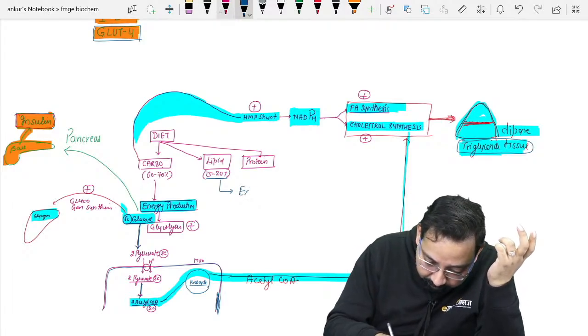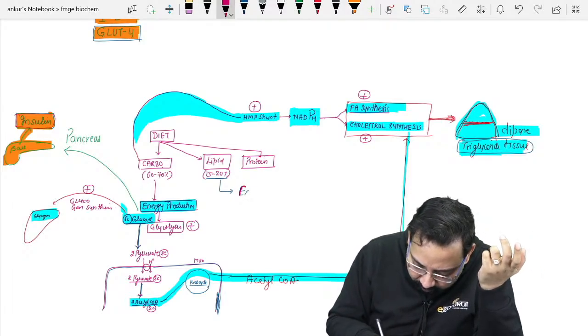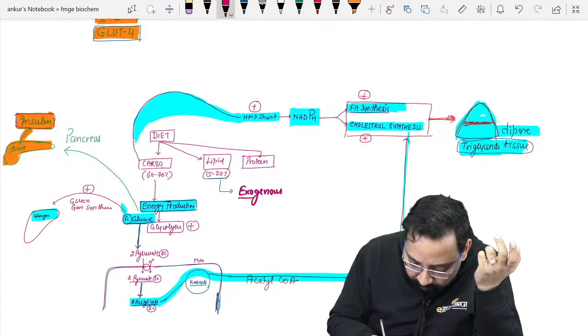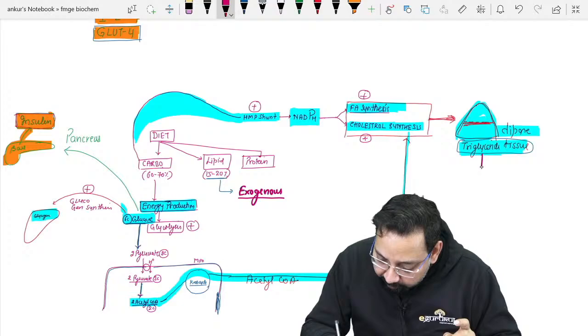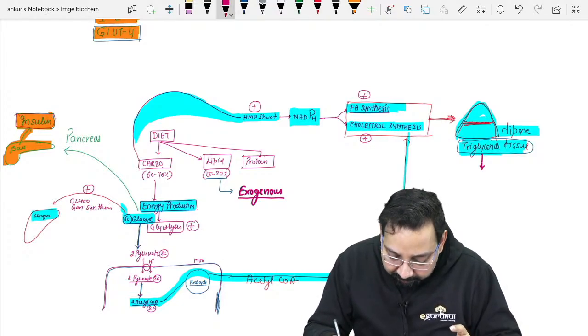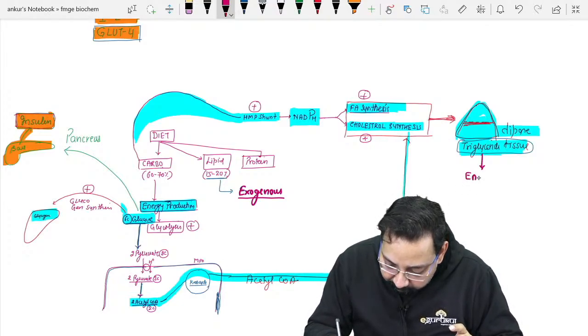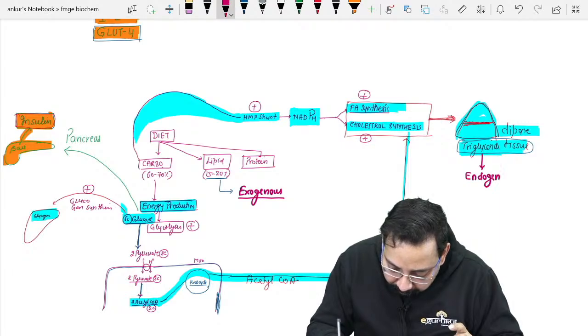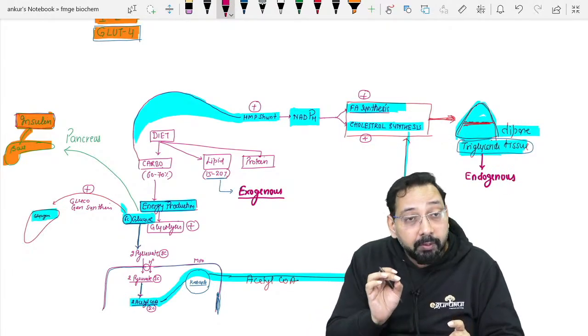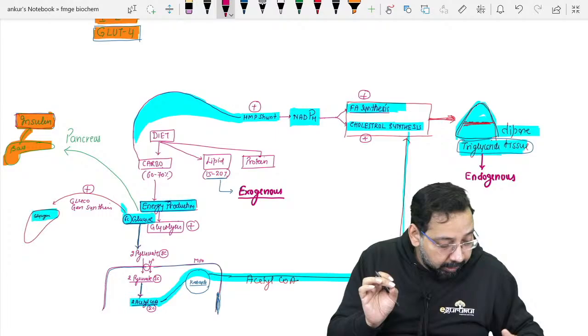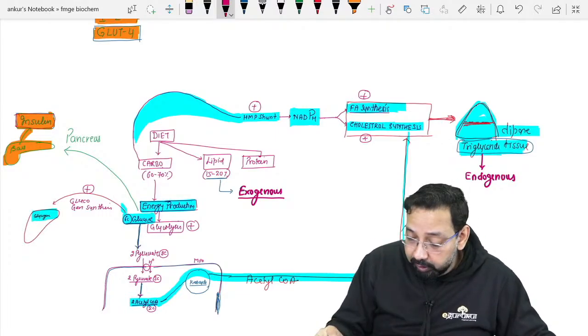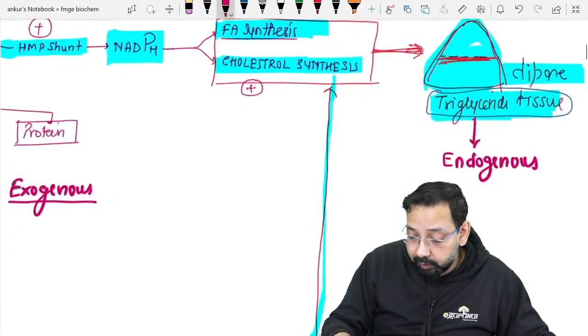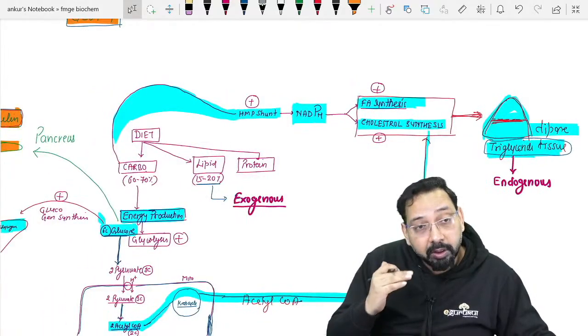I take the same color. The triglyceride which is synthesized in our body is endogenous. Fat which is synthesized in our body is called endogenous.